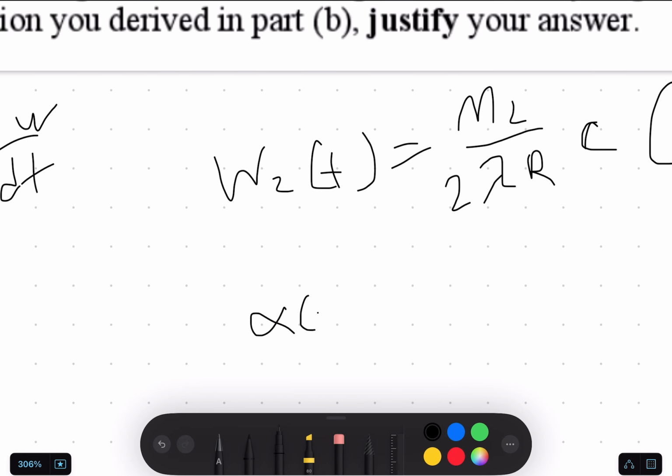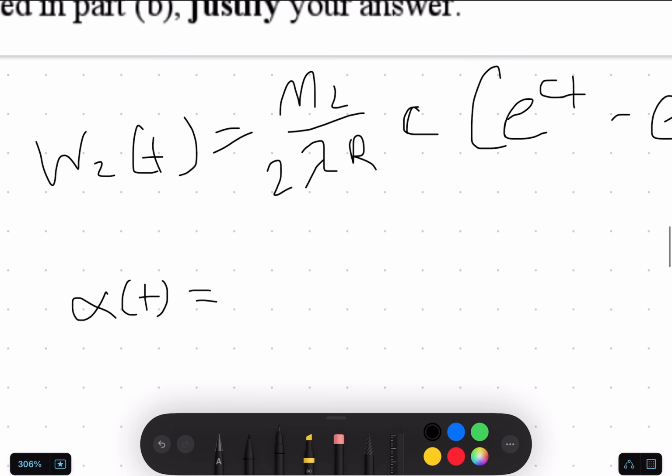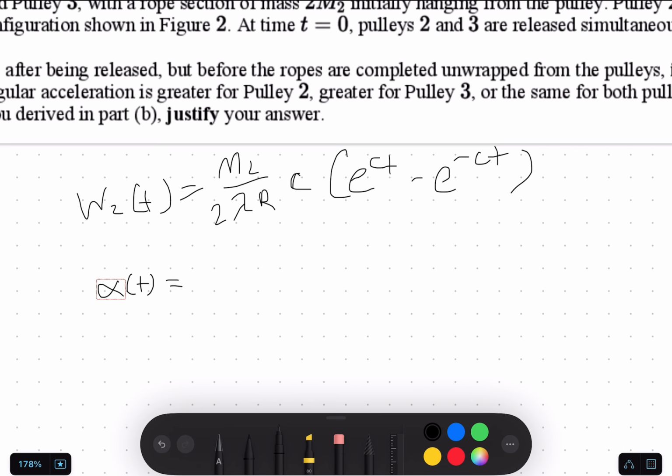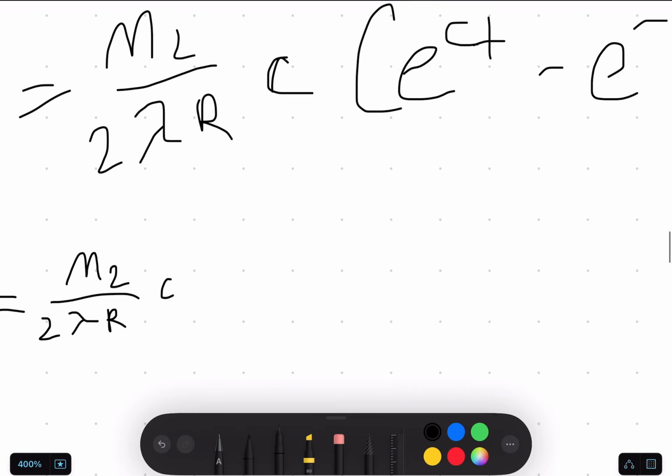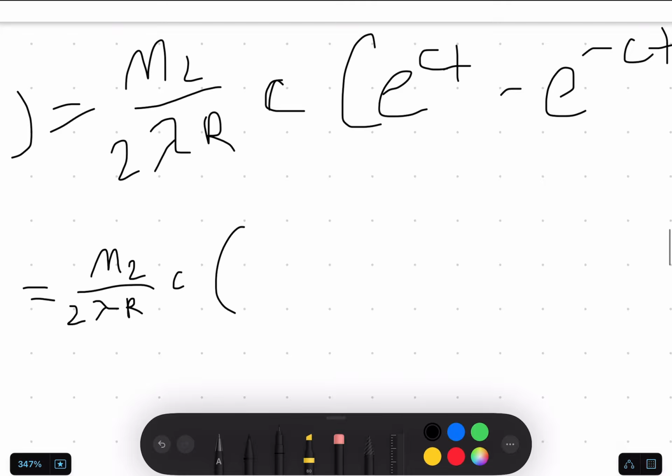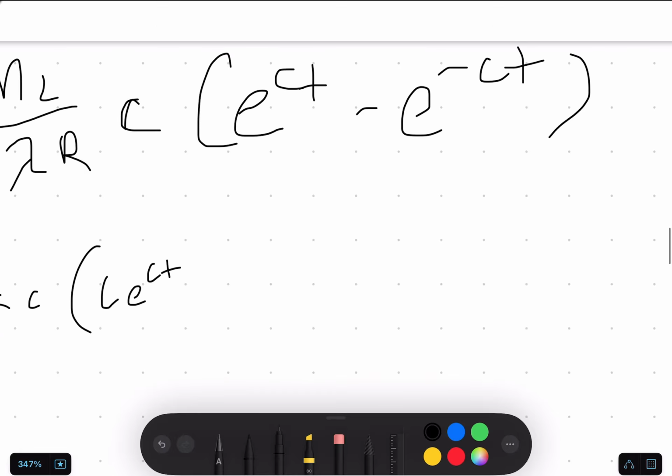The angular acceleration with respect to time: this would be at the front still because it's a constant, r times c, and now the derivative of e to the ct is just c e to the ct, and the derivative of e to the negative ct is, oh no, sorry, negative c.